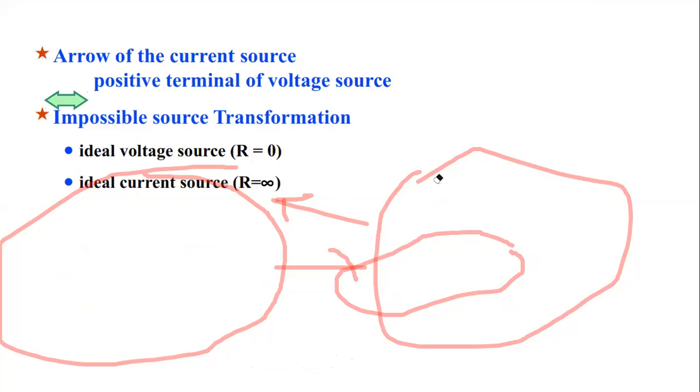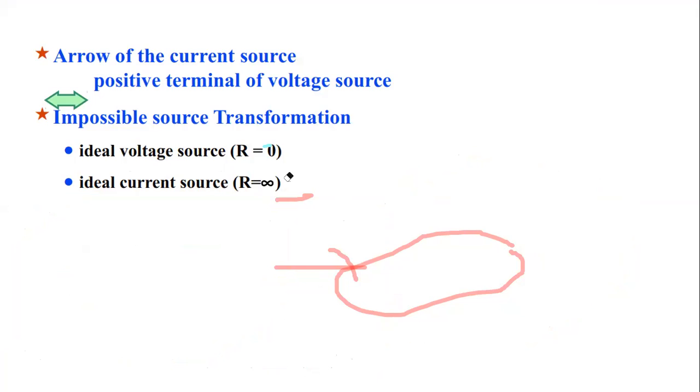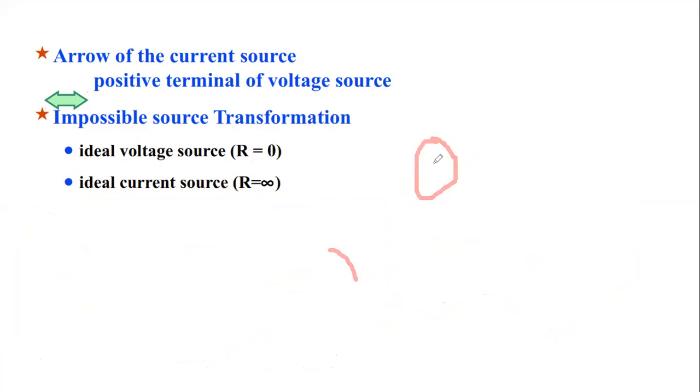So while going for the conversion, the transformation process, you should know that the positive terminal of the voltage source will be the arrow of the current source. It means if this is the case and you have this as a voltage source, then the current source will have this direction.